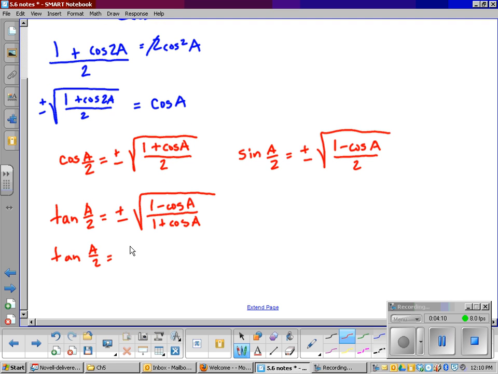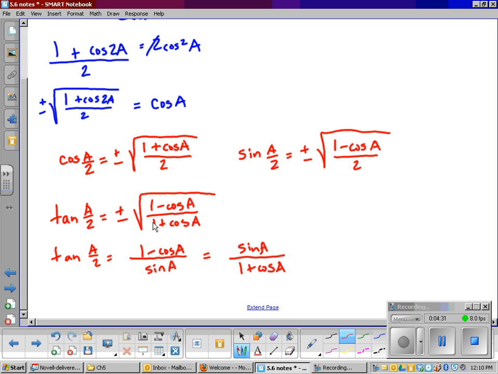And they're similar in their versions as well. If I put 1 minus cosine A on the top, then I have sine A on the bottom. And then the other version of that is sine A on the top and 1 plus cosine A on the bottom.